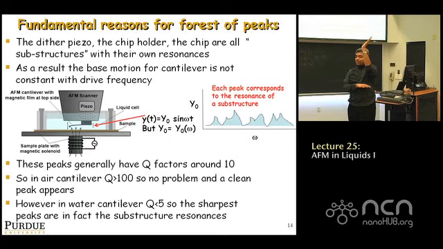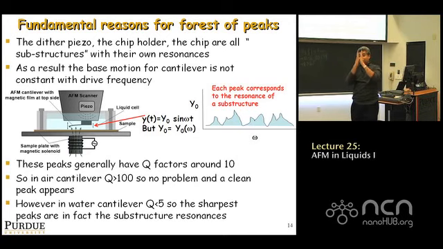You might have Sears Tower on a rough sort of terrain, but the Q, which makes the height of the peak and the slimness of the peak, affects that. It stands out. So in other words, if you do this in air, the Q of the cantilever itself is going to make the resonance of the cantilever very narrow and its height very high, and so when you observe the tuning curve, you get a relatively clean response, okay?